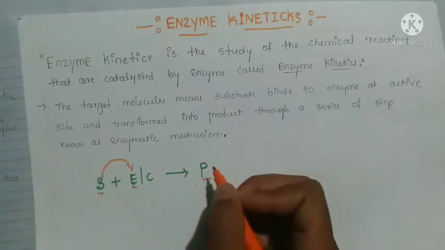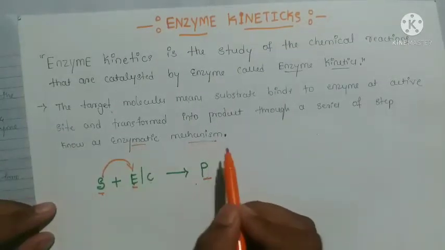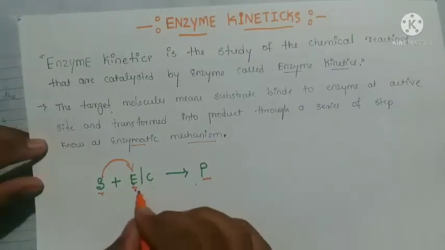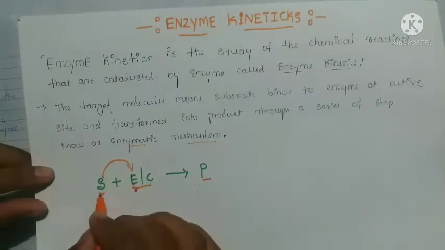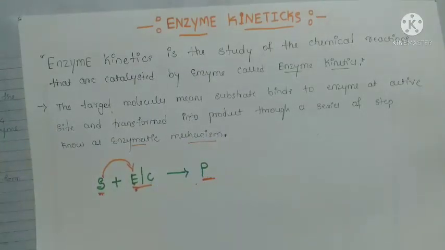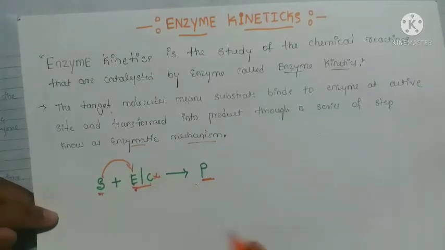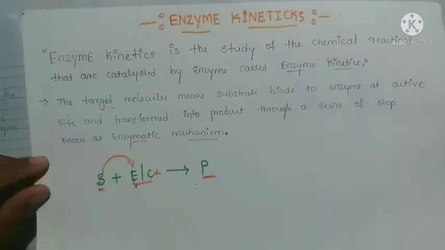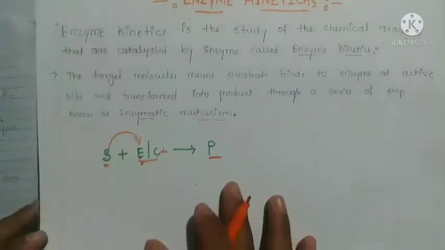This is known as the enzymatic mechanism. When an enzyme is present in a reaction, the substrate is converted to product much faster compared to the absence of the enzyme. This is the definition of the enzyme that we saw in the previous lecture.